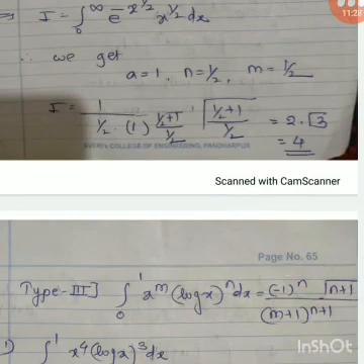Put all these values: 1 upon 2, 1 raised to m plus 1 upon n, gamma of m plus 1 upon n. Clearly, in the first term 1 upon 2 is there, then by simplification 2 will get shifted to the numerator, 2 into 1 raised to anything, that will be 1, neglect that.